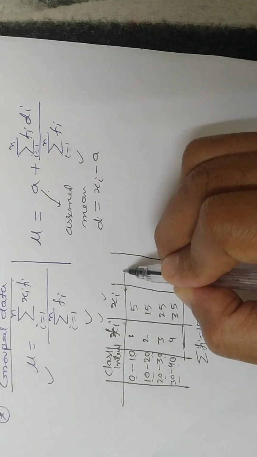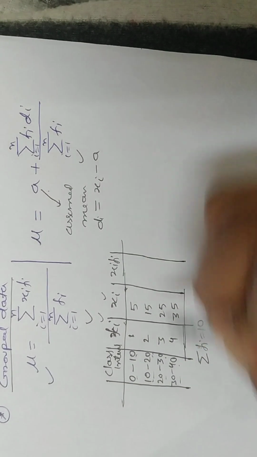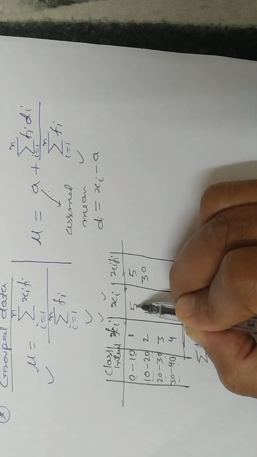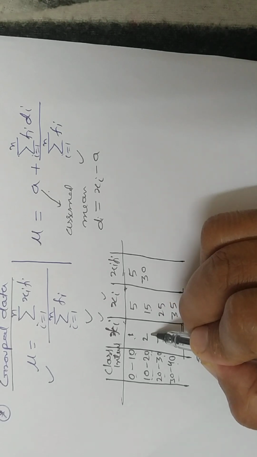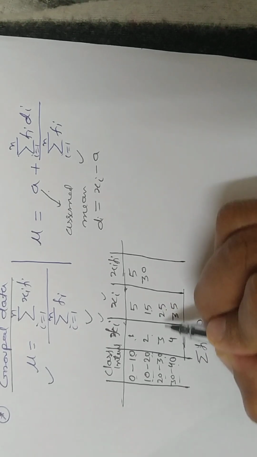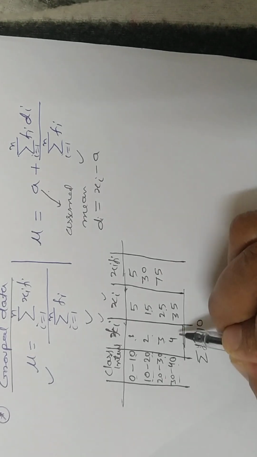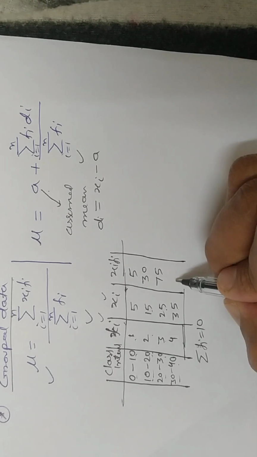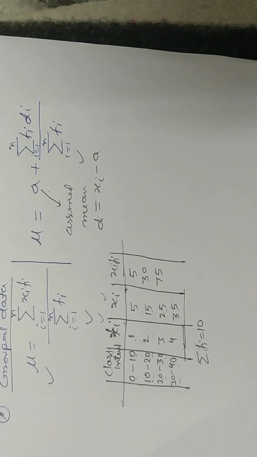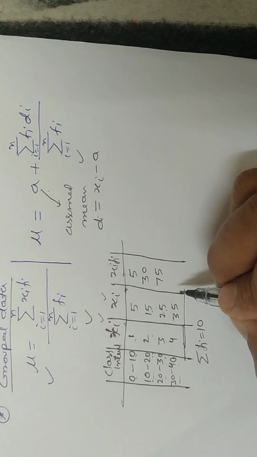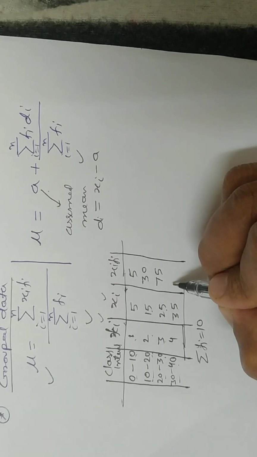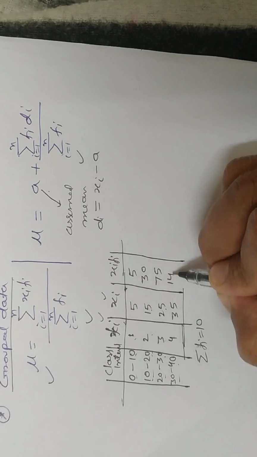And we need to calculate xi into fi: 5 into 1 is 5, 15 into 2 is 30, 25 into 3 is 75, and 35 into 4 is 140.